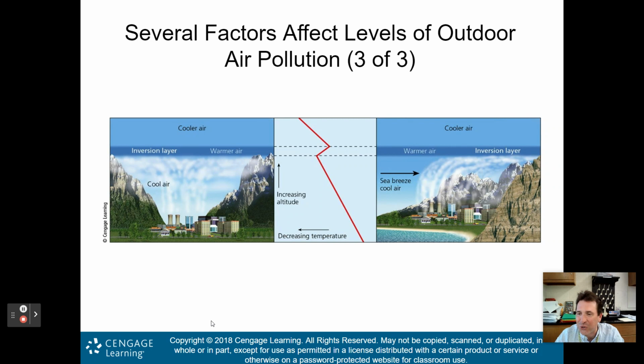So, this is what we talk about when we talk about an inversion. Normally in the troposphere, we talked about how temperature decreases with height. As you know, cold air is more dense than warm air. So if you have cold air above warm air, the cold air sinks, the warm air rises, and you get a circulation in the troposphere, which basically cleans it out and keeps it nice and fresh. However, an inversion will set up, especially near mountain ranges and cold water like you get in Los Angeles, like you get in China, where colder air is near the surface and warmer air is up top.